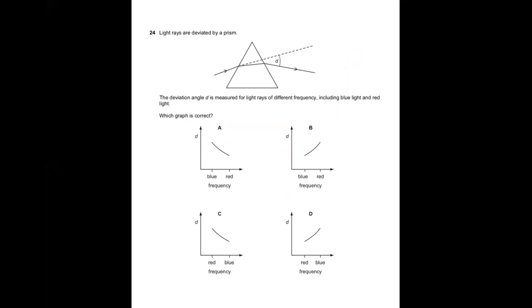So normally in a prism, this is white light coming. The top light is always red and the bottom one is violet.